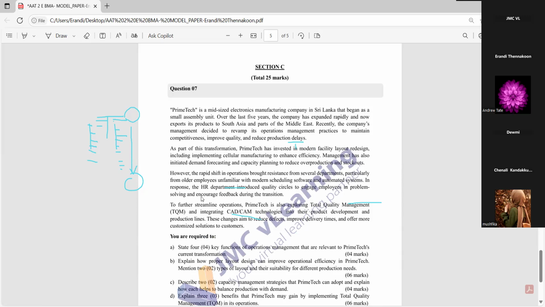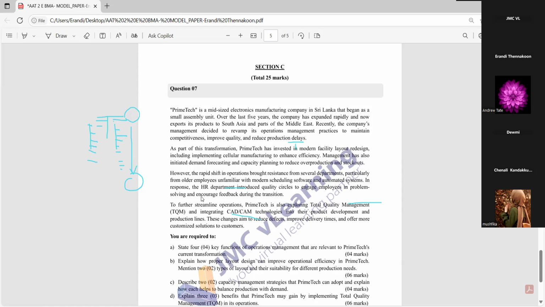Prime Tech is a mid-sized electronic manufacturing company in Sri Lanka that began as a small assembly unit. Over the last 5 years, the company has expanded rapidly and now exports its products to South Asia and part of the Middle East.